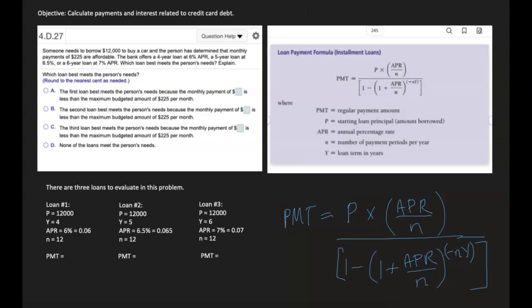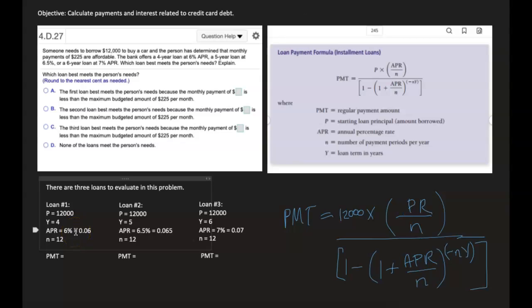That's the payment amount. That's what we don't know, so we're going to leave it just like it is. It's our unknown. But P, we do have a value for in loan 1, and we're told that that is $12,000. So I can erase that, and I'm going to replace it with $12,000. For APR, we're told that's 6%, but we know that we don't write the percentage, we write the decimal form.